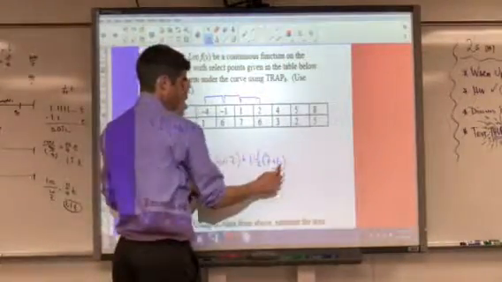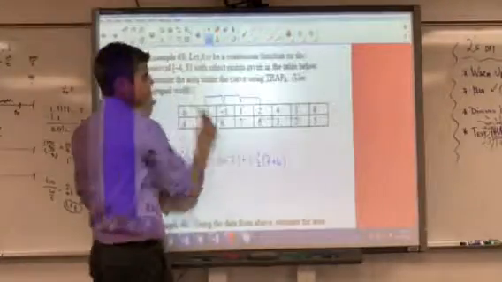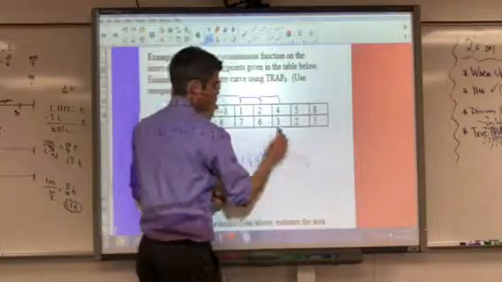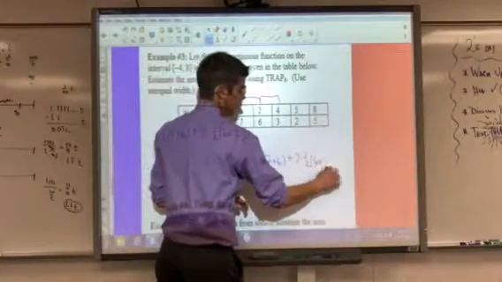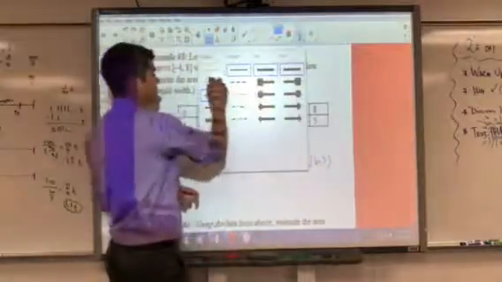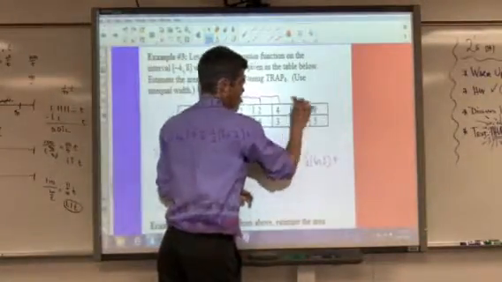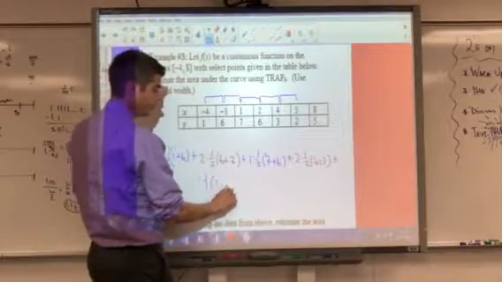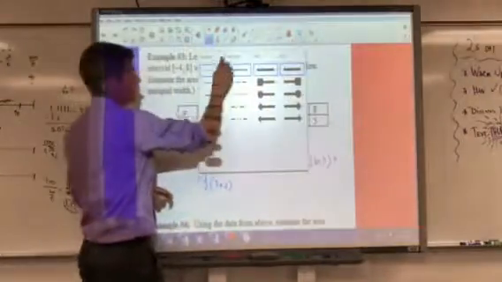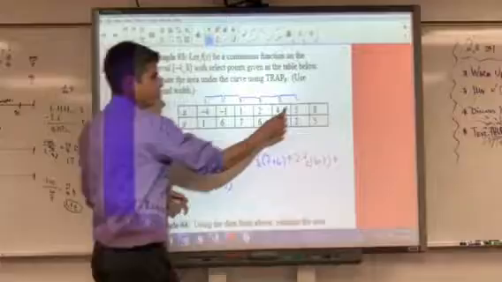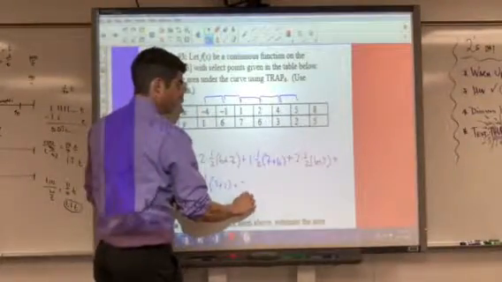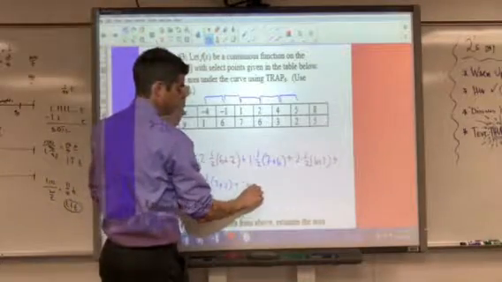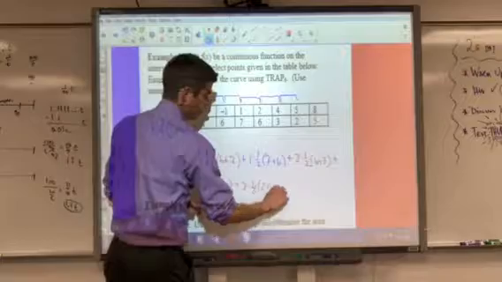And then we can say plus, from 2 to 4, that's a distance of 2, average out 6 and 3, and then plus, from 4 to 5, that's 1 times 1/2, 3 plus 2, and then last but not least, we could go from 5 to 8, which is a distance of 3, and we have to average 2 plus 5, okay?